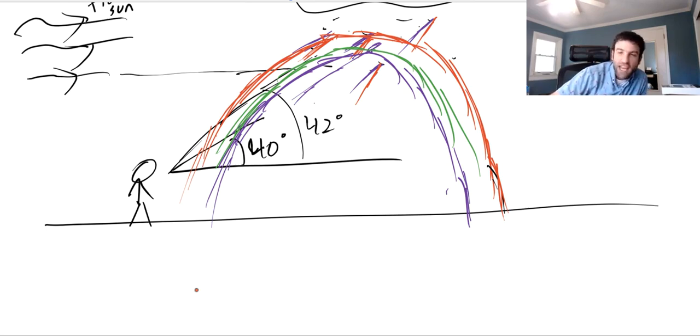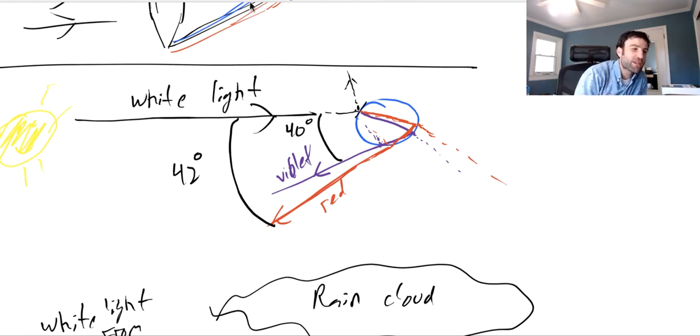Great. So that is what we're actually seeing when we're looking at a rainbow. What we're fundamentally seeing is the sun is somewhere behind us, white light is coming in and striking basically spherical drops of water being deposited by a cloud.